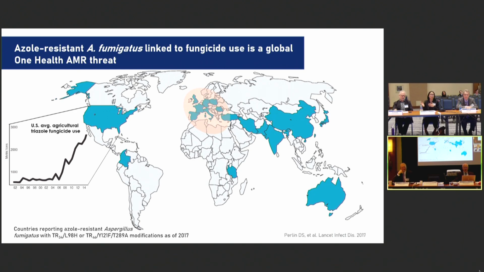It was first reported in Europe. When we look at our average agricultural triazole fungicide use, we know that over the years it's increased dramatically in the last 10 to 15 years. And so we have to continue to monitor and conduct surveillance on this issue. And critically, we have to try to preserve the efficacy of new antifungals coming down the pipeline. Next slide.